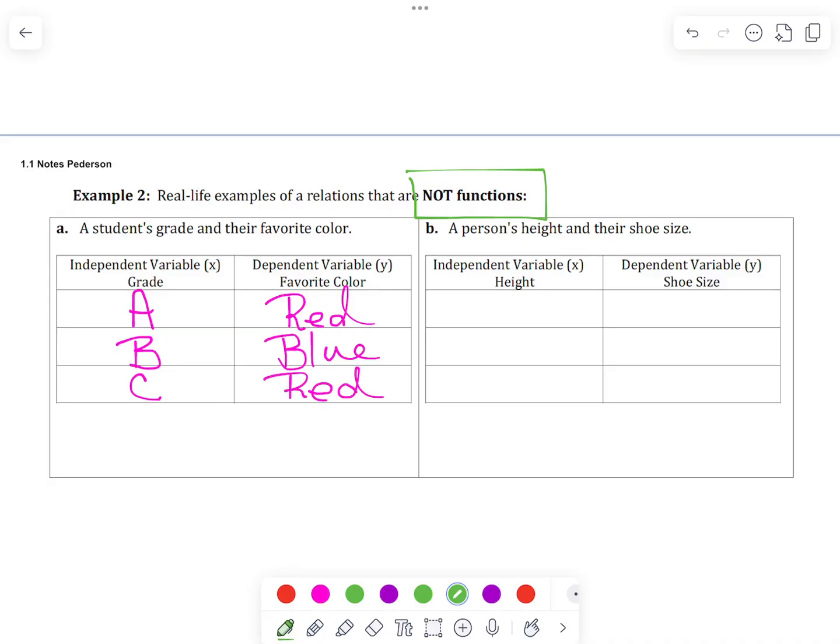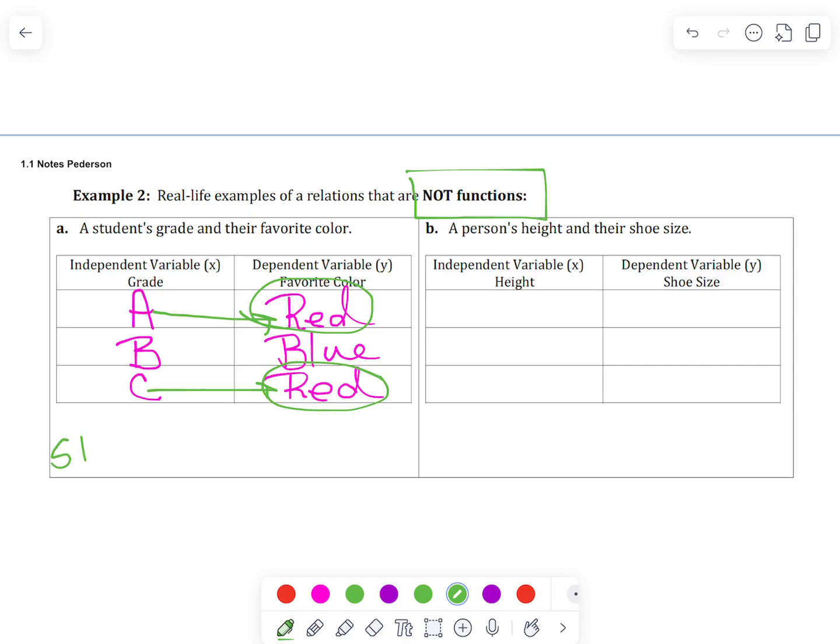So here's the problem. Student A is red and student C is red. This is the issue. Both of these students have the same repeat.